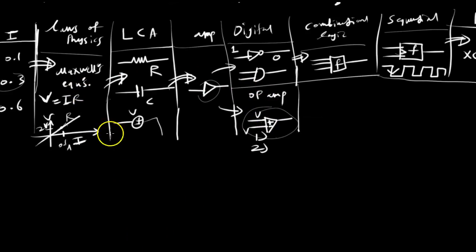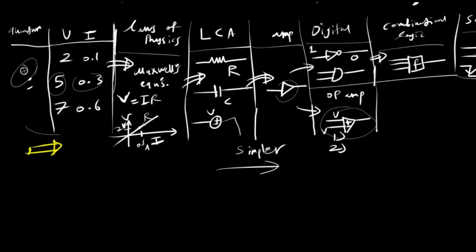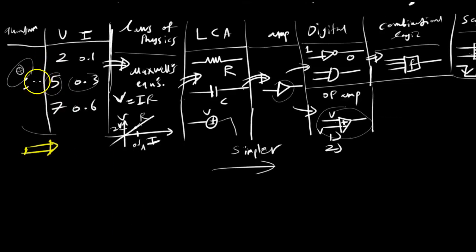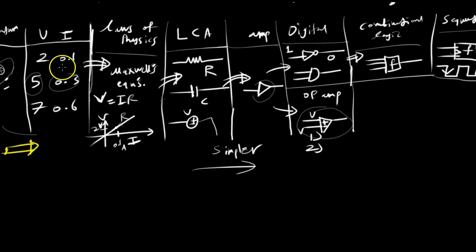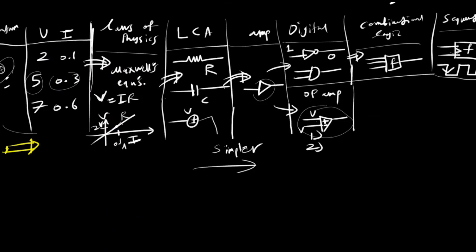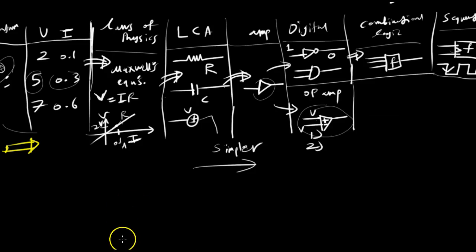So we can see that as we go over here to the right, things are getting simpler and simpler, and it's easier to develop new systems. You don't have to reinvent the wheel every time. You don't have to go over here and configure things on an atomic level and look at data tables and keep looking at equations. We can just make systems that do the calculations for us.